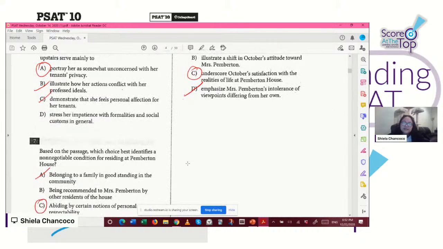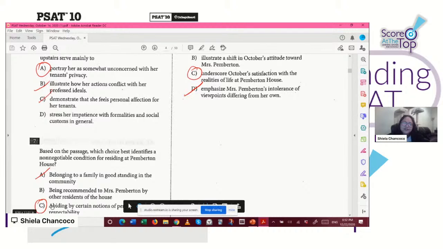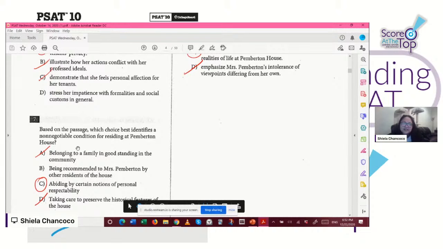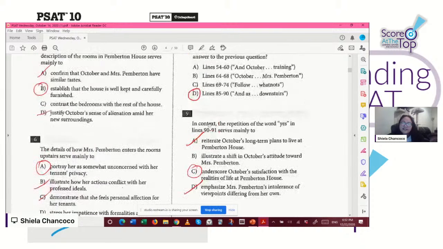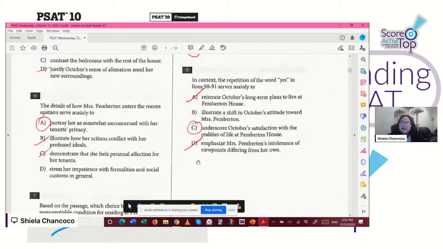How I would normally do this is go through the answer choices first, find my evidence, and then answer C. I had forgotten this was a paired one, but I would read this and then find the evidence that relates to the first question. And after I have found the evidence that I'm sure of, then answer the question. That's how I would like to do this.